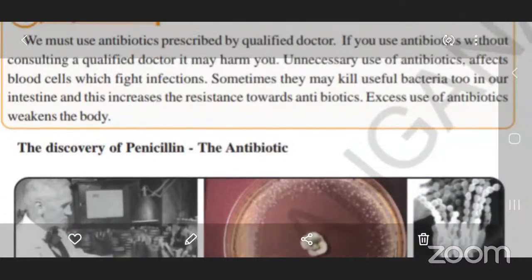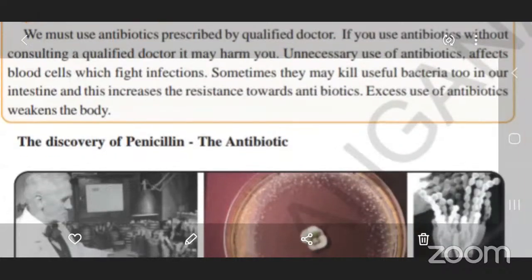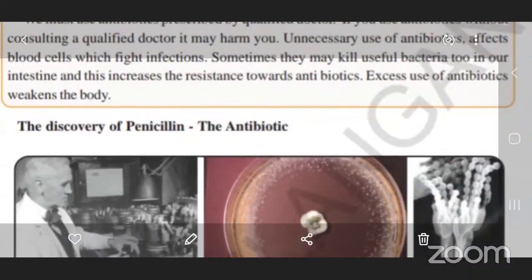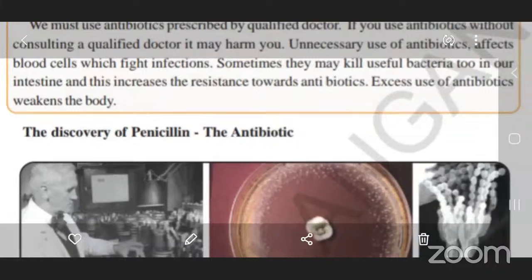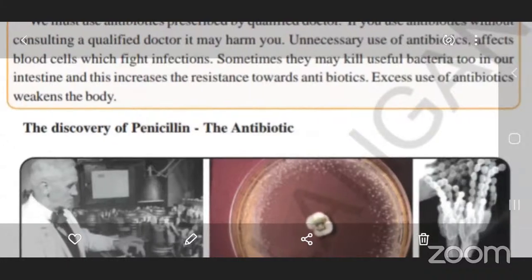So if you use antibiotics unnecessarily without a doctor's prescription, they may kill the useful bacteria present in your intestine, and this increases the resistance towards antibiotics.